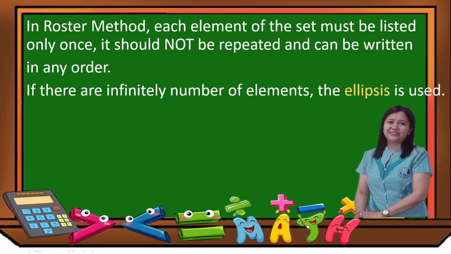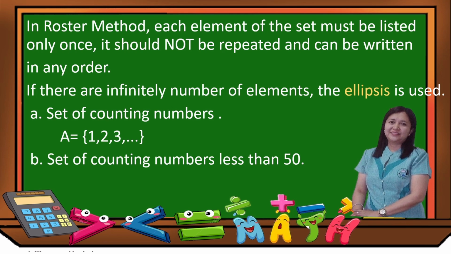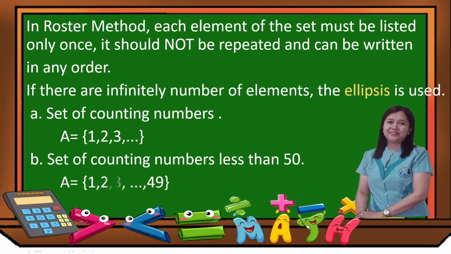If there are infinitely many elements, the ellipsis is used. For example, the set of counting numbers. So set A, the elements are 1, 2, 3, and so on. How about set B, the set of counting numbers less than 50? So set B is equal to 1, 2, 3.